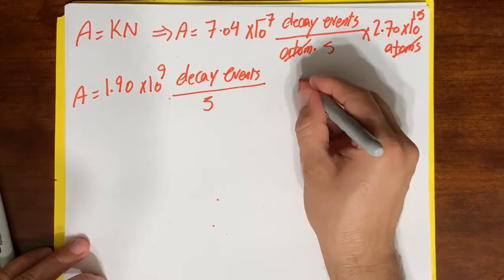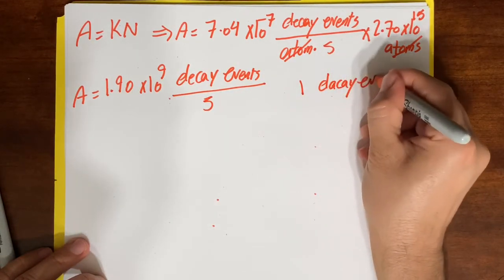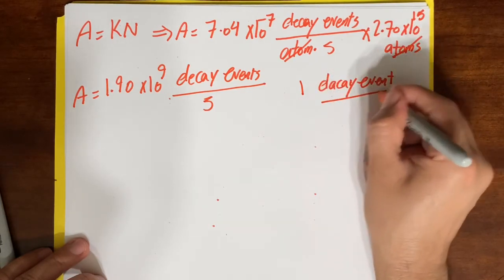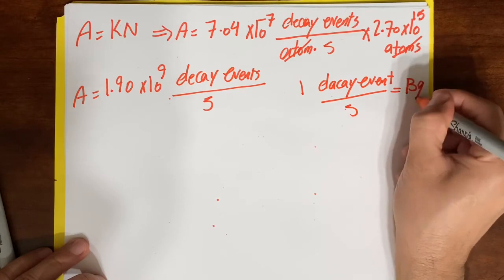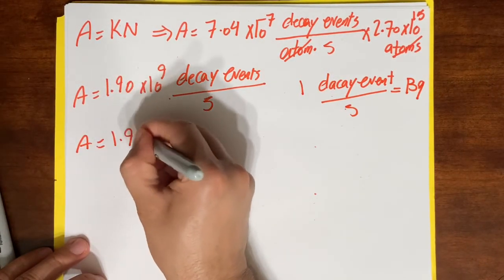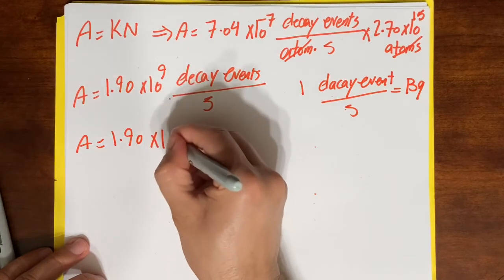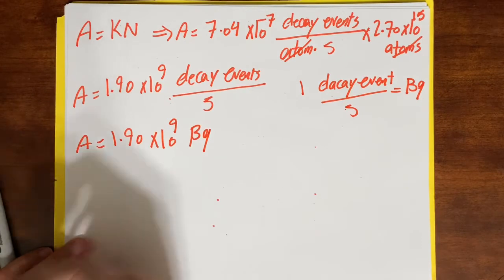1 decay event per second is equal to 1 Bq. So A is equal to 1.90 multiplied by 10 to the power of 9 Bq.